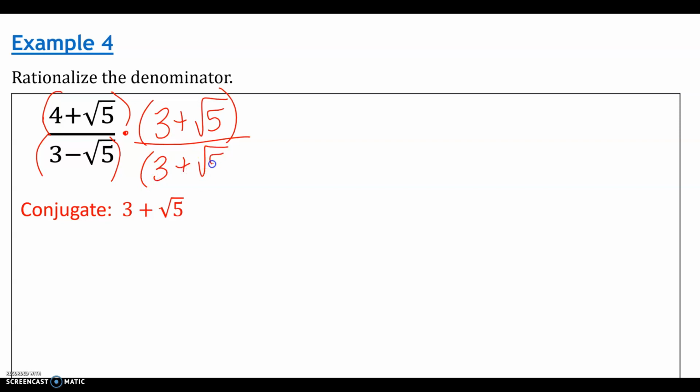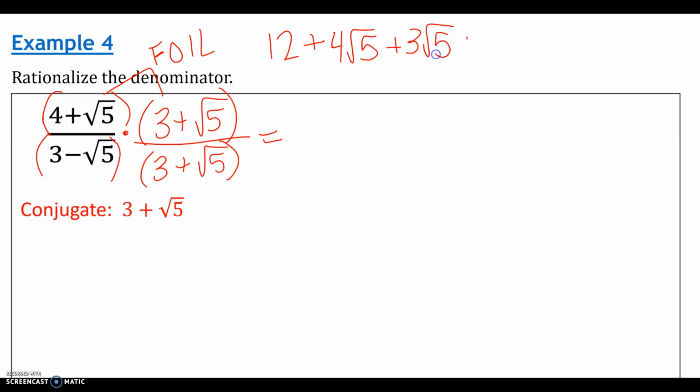All right. So for the numerator, like we've been doing, well, looks like we're going to have to FOIL that. So let's do that at the top. So you're going to get, what, 12? If you do 4 times 3, plus you get 4 radical 5 plus 3 radical 5 plus radical 25. Now, nothing's going to cancel.